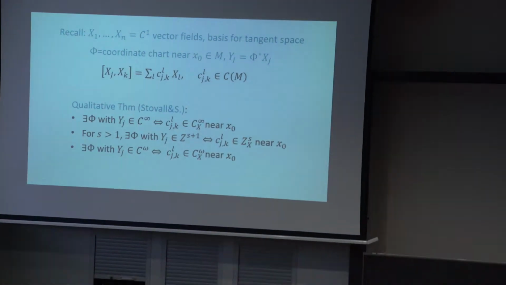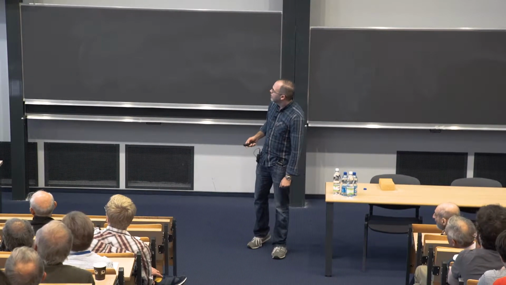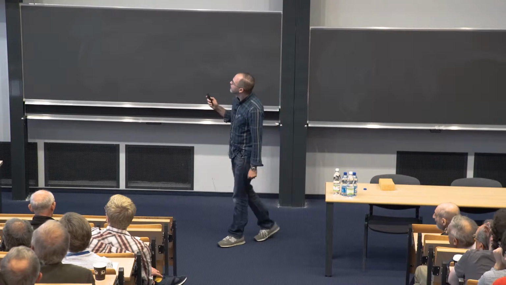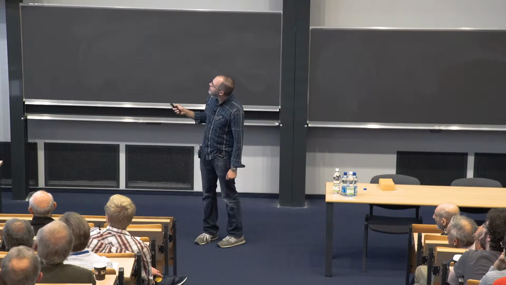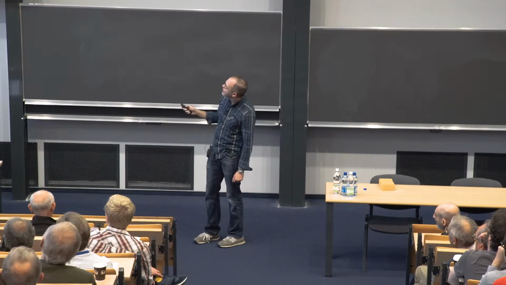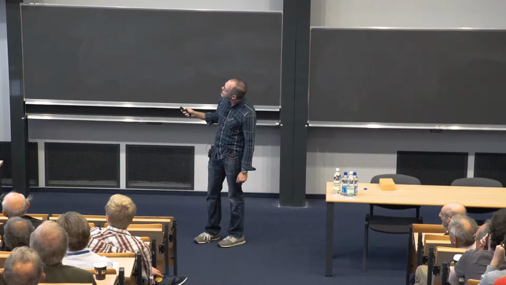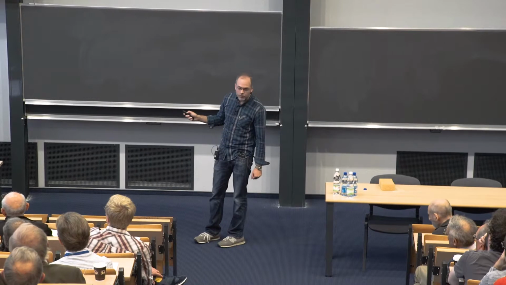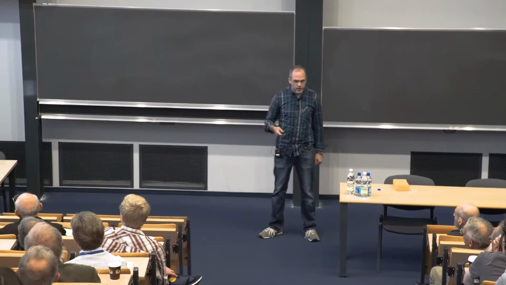So any level of smoothness you want, you can get just by checking on the c's in any coordinate system. All right. I remember I said that them being a basis for the tangent space wasn't really necessary. All you really need is this formula right here, and once you have that, this theorem goes through.